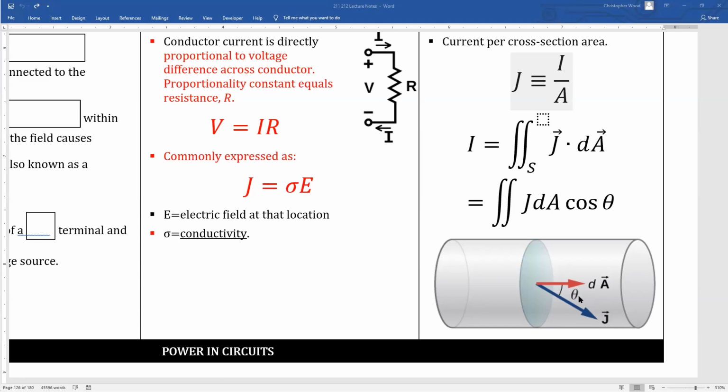Because if theta does not equal 0, some amount of that current is not passing through that cross-sectional area. It's going within the plane, not entering or leaving that cross-sectional area. So with that in mind, let's jump into this problem.